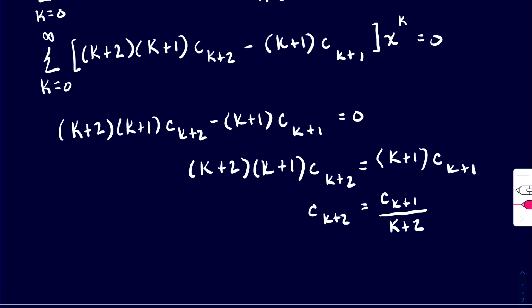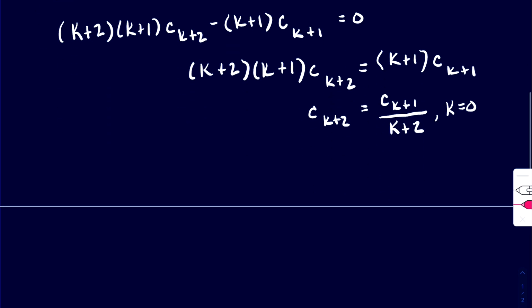Cool so far? So now, this of course is going to be for k equal to 0, 1, 2, and so on. Plugging in the first few terms, let's find out when k is 0.